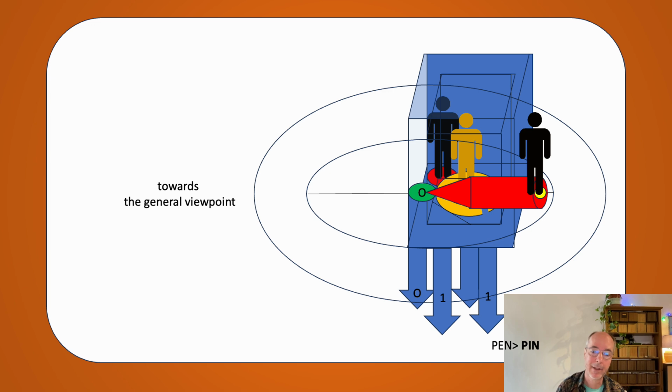I will pinpoint my view, and I will have to adapt wherever I am in the system, wherever I am in the communication. It doesn't matter. I have to adapt to that direction. That's the direction that works. That's my pin at that moment.